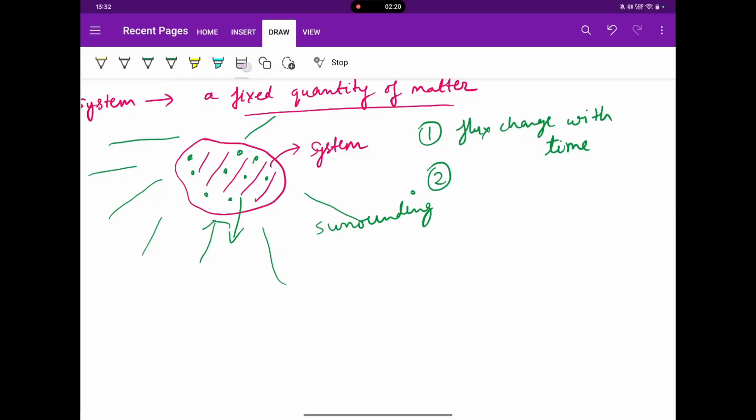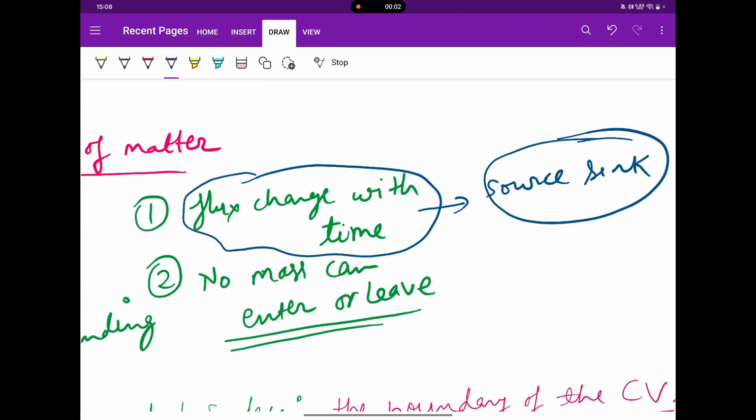That means that's how the mass is fixed, right? No mass can enter or leave. That's how we are defining the system. So when we say no mass can enter or leave, basically we are talking about a closed system.